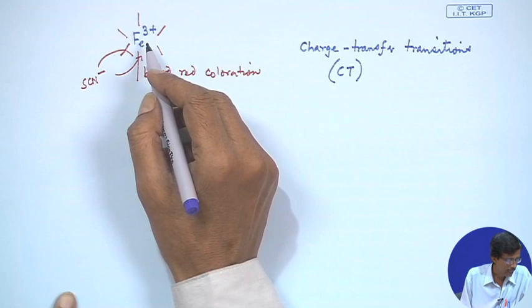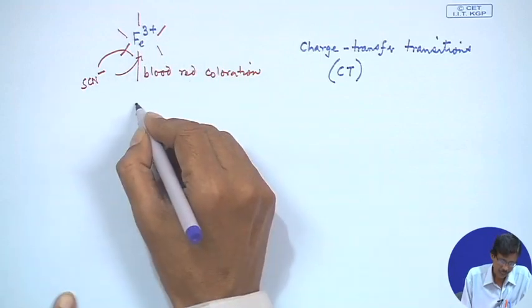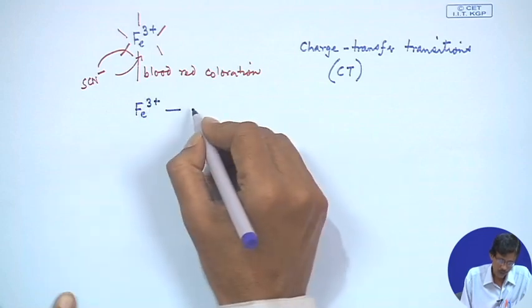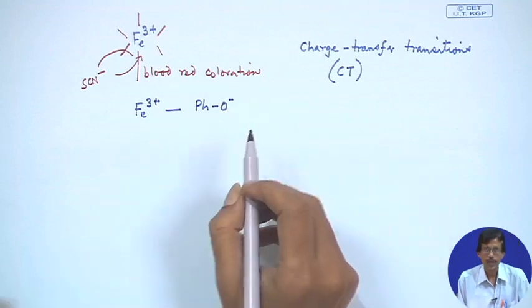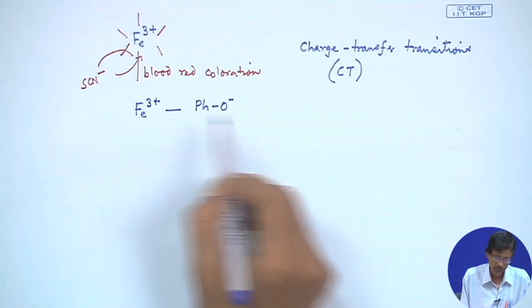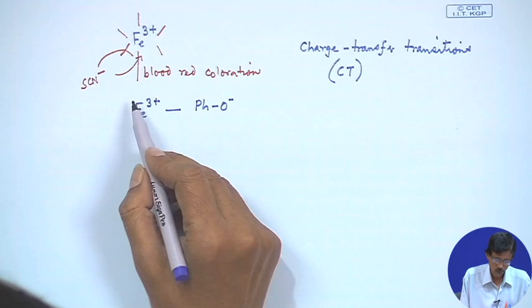So, these basically allow us to detect the ferric ion by thiocyanate. It is also possible to detect the ferric ion by the phenolate group, that means PhO minus. Phenol can also give a red coloration to the ferric ion, and that can be estimated for an unknown amount of ferric ion.